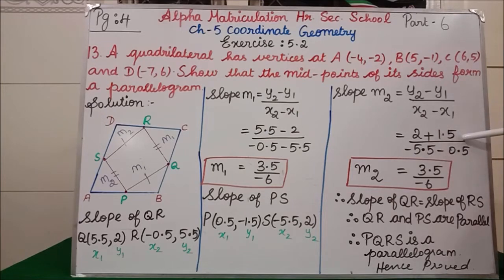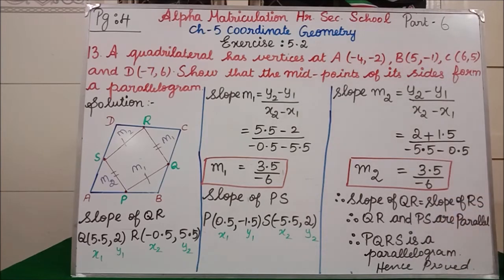So 2 plus 1.5 is what? 3.5, divided by minus 5.5 minus 0.5, which is minus 6. Clear? Therefore, slope of QR is equal to slope of PS. So which means what? QR and PS are parallel.